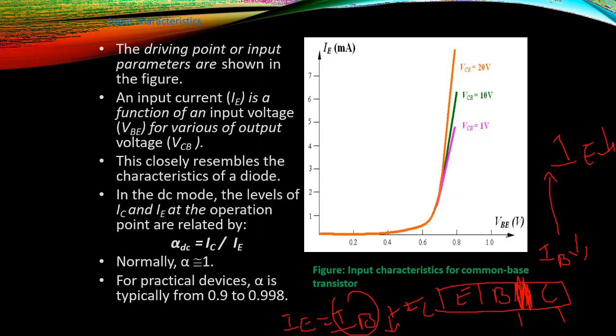That's why the curves move towards the horizontal. If I increase the reverse bias voltage, the IE current is reducing, so the curves move towards the horizontal whenever we increase the reverse bias voltage.